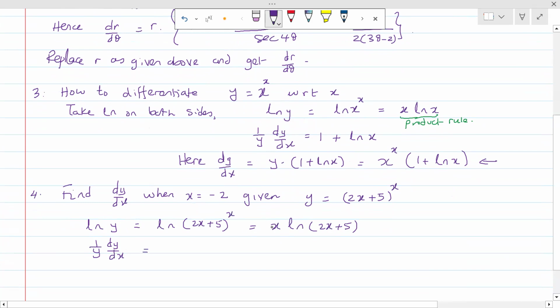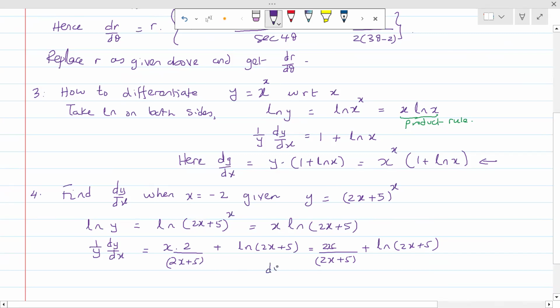So this is u. dv by dx, this becomes 2 over 2x plus 5 plus v du by dx, it remains the same. So I am going to have dy by dx, 2x over 2x plus 5 plus ln (2x plus 5).